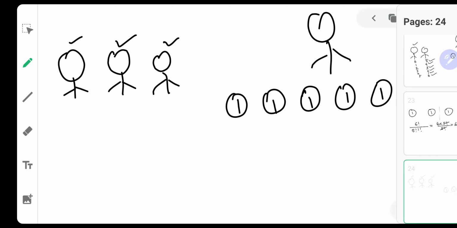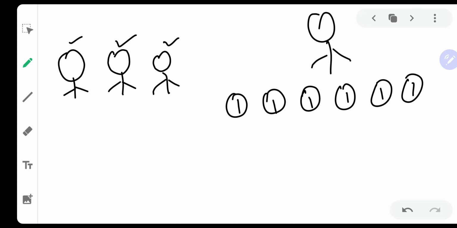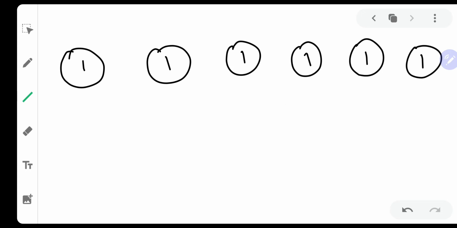Okay, now how to do such kind of questions? Similarly, you will make 6 1 rupee coins on the table. So let me place those 6 1 rupee coins on the table, identical in shape and size, though my diagram does not look identical. Okay, and there are 3 beggars. So for 3 beggars you will need 2 partitions.